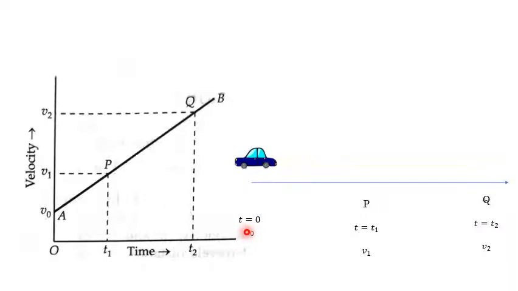Now after some time the particle moves to the point P. After some time t1, at t equals t1, the particle has moved towards the point P and it has increased its velocity from v0 to v1.